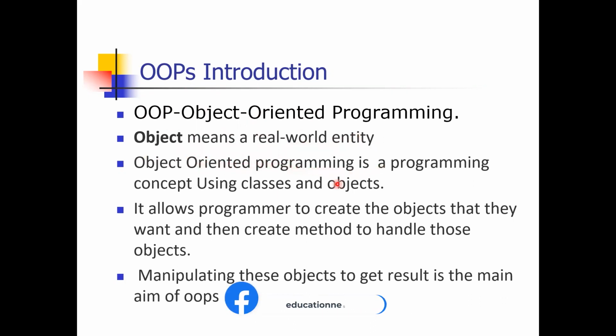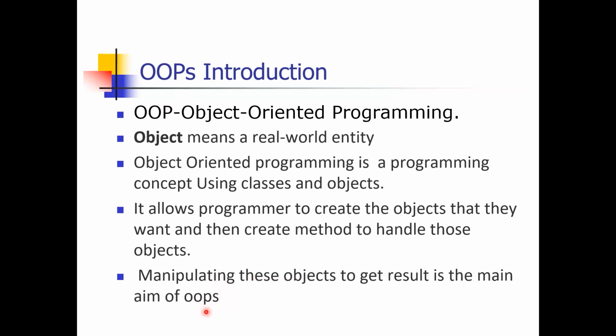Object-oriented programming is a programming concept where we use classes and objects. It allows the programmer to create the objects they want and then create methods to handle those objects. And manipulating these objects to get a result is the main aim of OOPS.